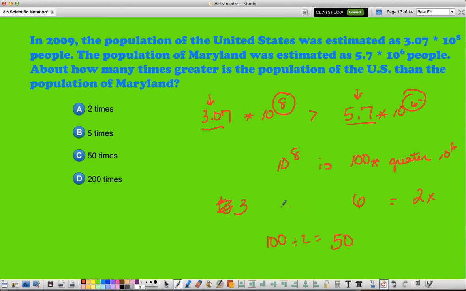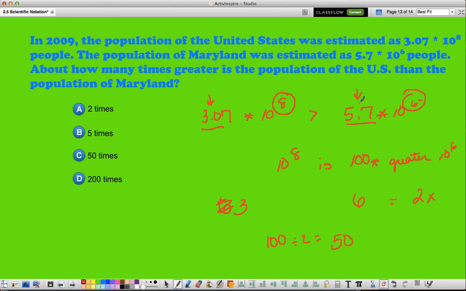I have to put those things together and say, okay, even though I'm multiplying by 2 to go from 3 to 6, I'm dividing by 100 to go from 8 to 6. So to put those two things together, it's not going to be 200 times larger. It's only going to be 50 times larger because my value in my exponents goes down.